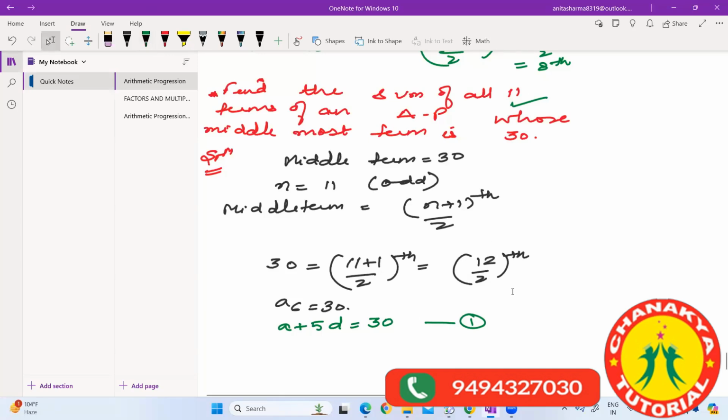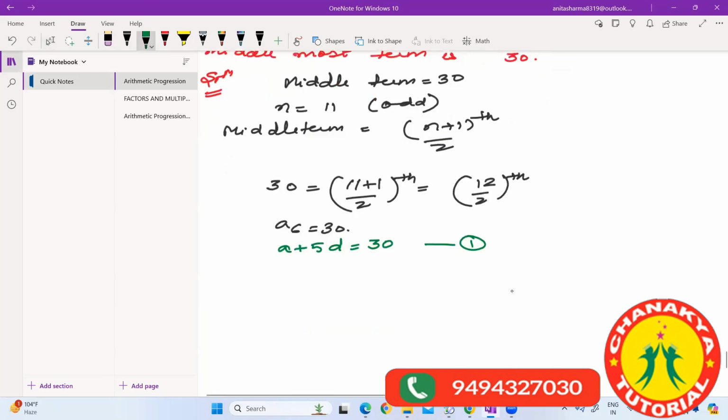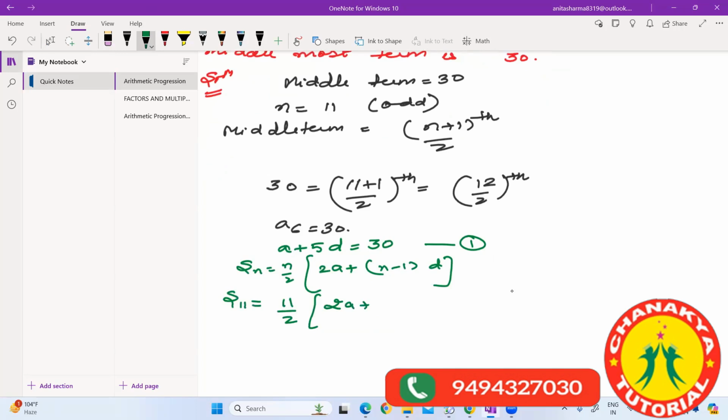So what will we do here? You will just apply the formula for the sum of n terms: n by 2, 2a plus (n minus 1) into d. So the sum of 11 terms we have to find: 11 by 2, 2a plus (11 minus 1) into d. Now see, 11 by 2, 2a plus 10d.